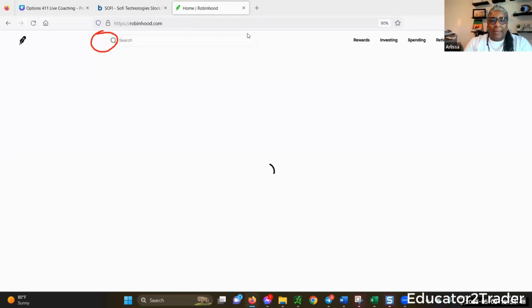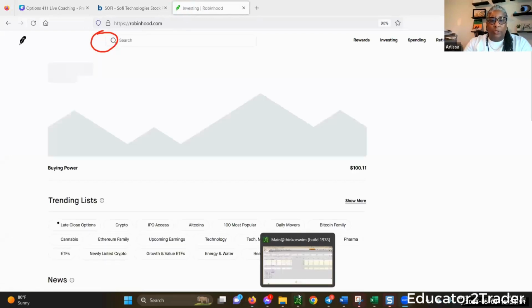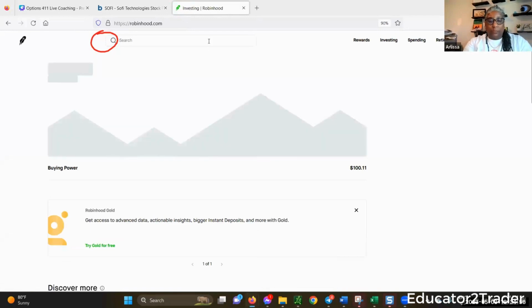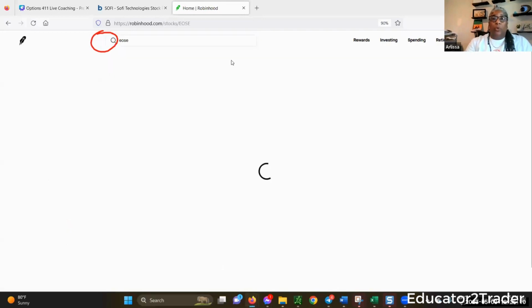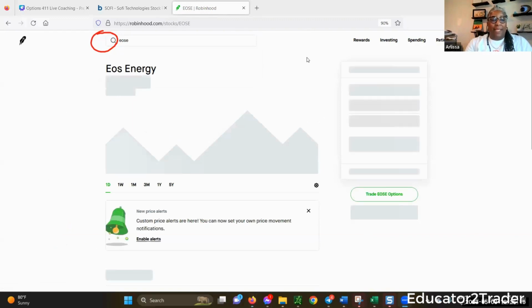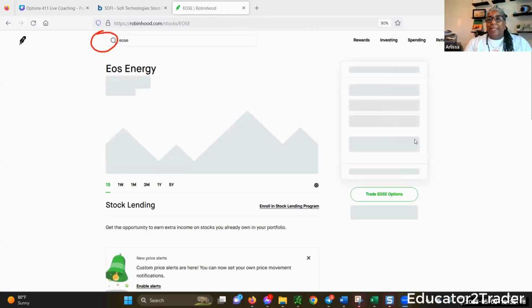Usually it's at the top, and the app looks a little bit different on your phone or tablet than the desktop does. I just want to show you where it is in Robinhood in case you decide you're going to buy. The bid and the ask is basically the range where the price is.